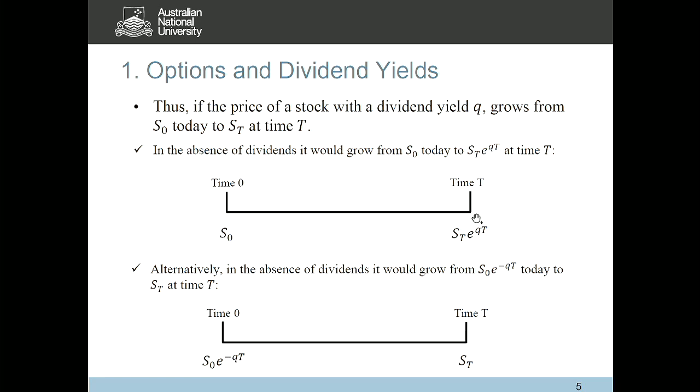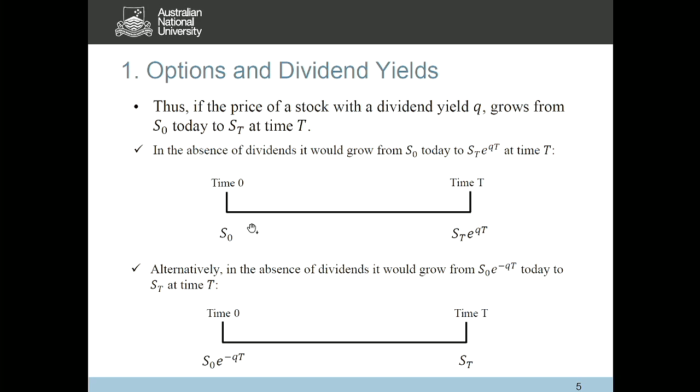Because now the dividend is still with the company, the share price has to reflect that fact. So the share price will grow from the initial S0 to ST times e to the power of qT. Let me say this again.